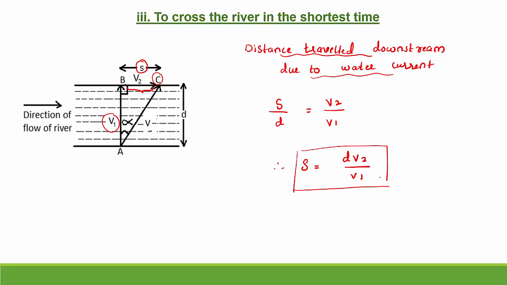So this is all about the third application of relative velocity, that is, to cross the river in the shortest time. Remember, we studied 3 applications in total. The first application is the relative velocity of rain with respect to man. When a man is simply standing on the ground, he can hold the umbrella in the vertically upward direction to protect from the rain.